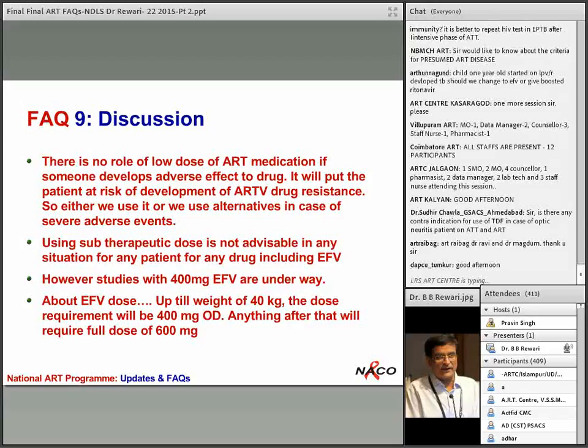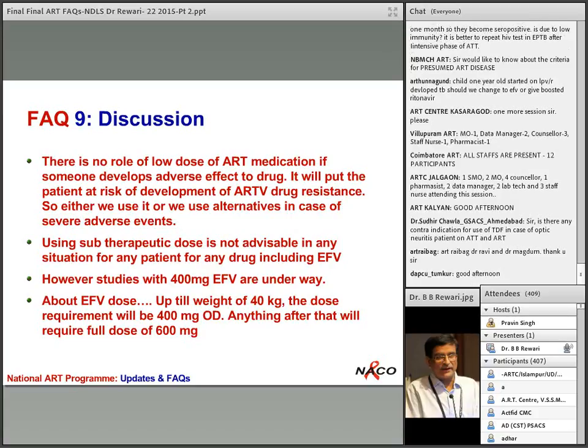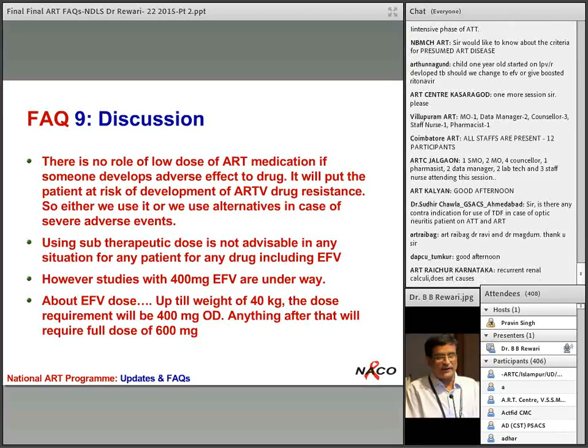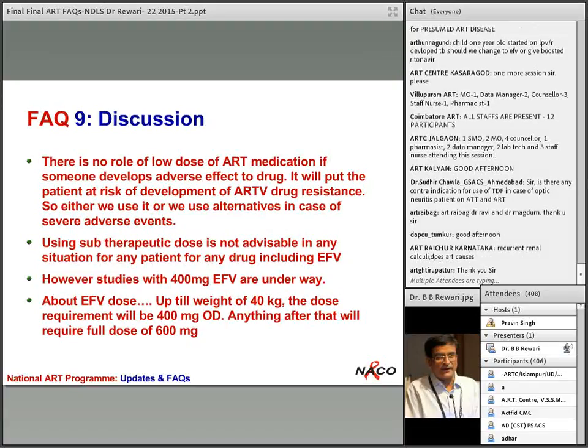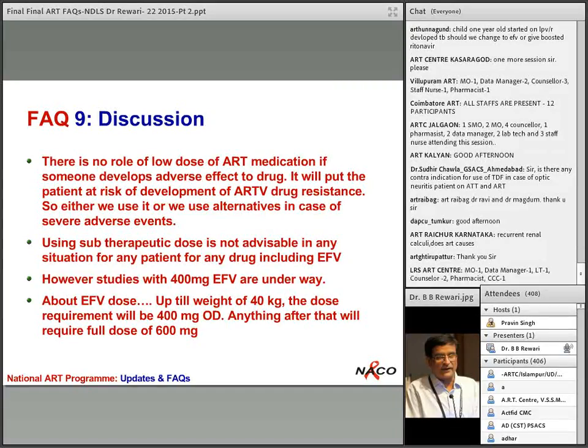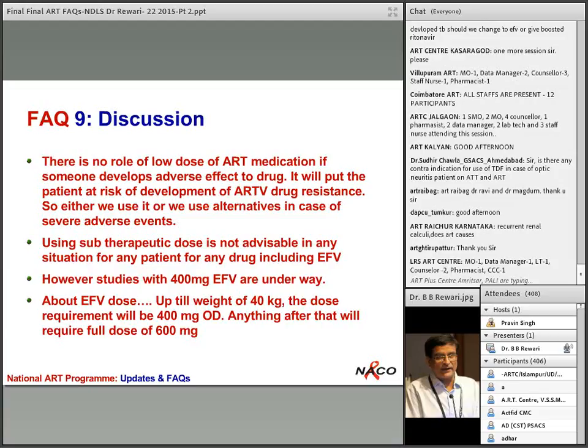We keep on saying we do not have evidence from Indian patients about the dosage of antiretroviral drugs to be used in our condition, and we are using the Western data, but it is for us to develop our own data. But till the time data is not there, there is no role of low dose of ART medication. You have to use the standard approved dosage of antiretroviral drug. Subtherapeutic dose may lead to drug resistance over a long period of time.